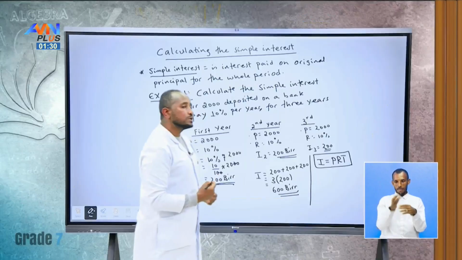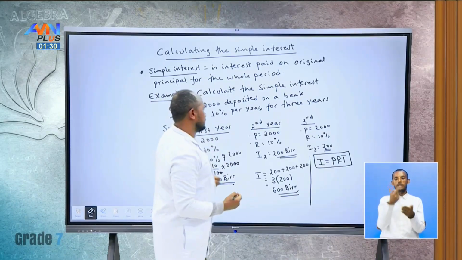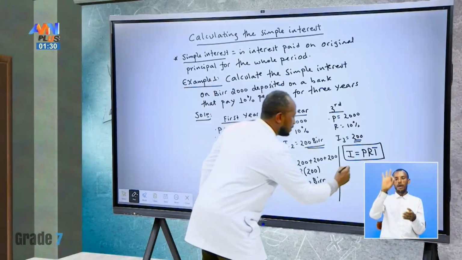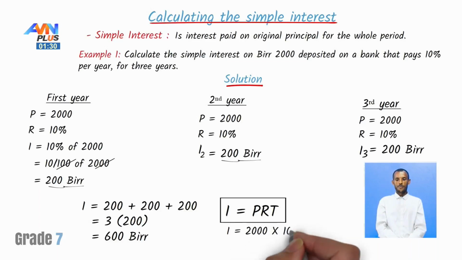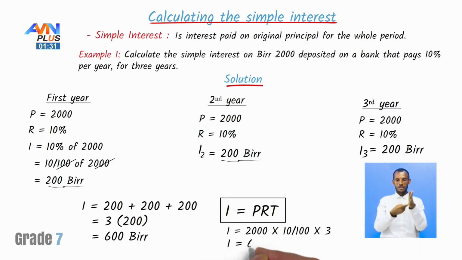So using this equation, you'll have this. The simple interest will be equal to the principal, which is 2,000, times the interest rate, 10 over 100, times the length of the period, which is 3.